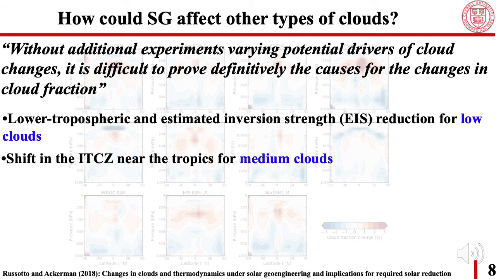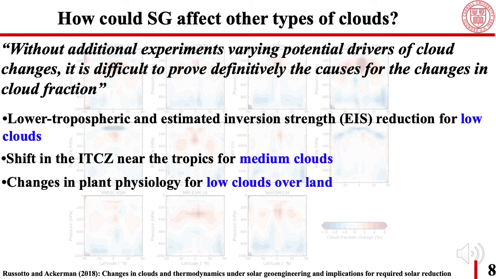They also suggest that for medium clouds near the tropics, shifts in the ITCZ that are produced by both the effect of climate change and of a broad reduction in the solar constant might be a cause. And finally, they also suggest that for low clouds over land, changes in plant physiology, mostly due to CO2 changes, could also produce these changes.